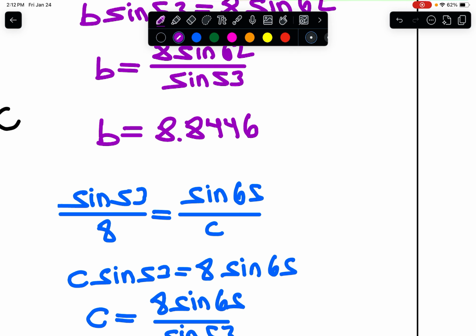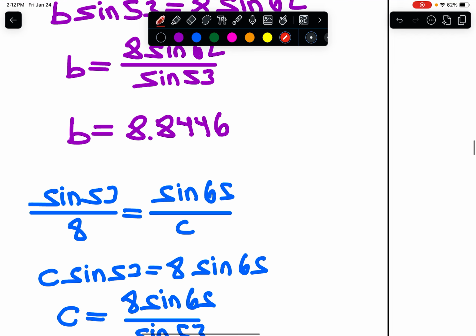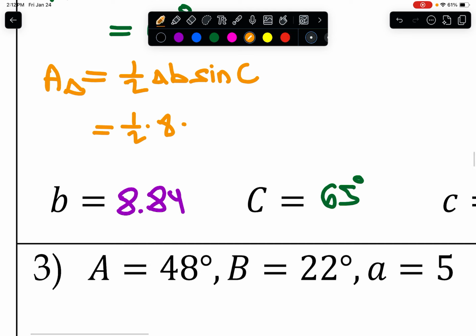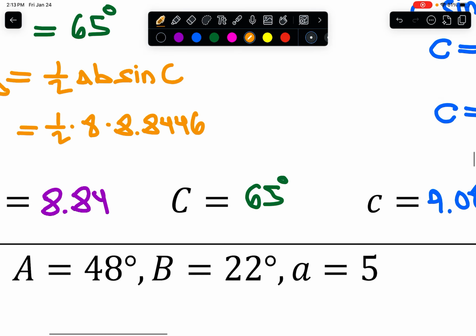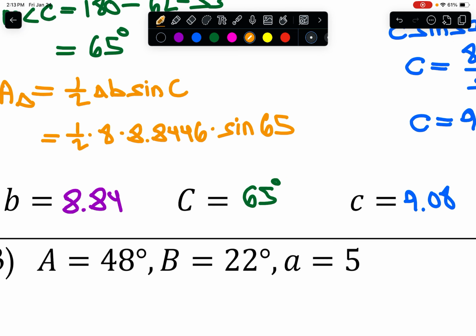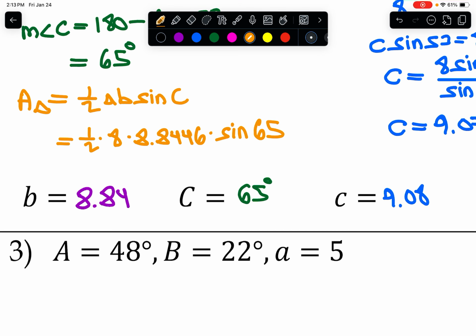If you use 4 decimals, that's fine. Of course, it would be much more efficient if you used the full expansion, but 4 decimals should honestly be just enough. So I'm going to do 8.8446, and then times sine of angle C, which is 65 degrees.